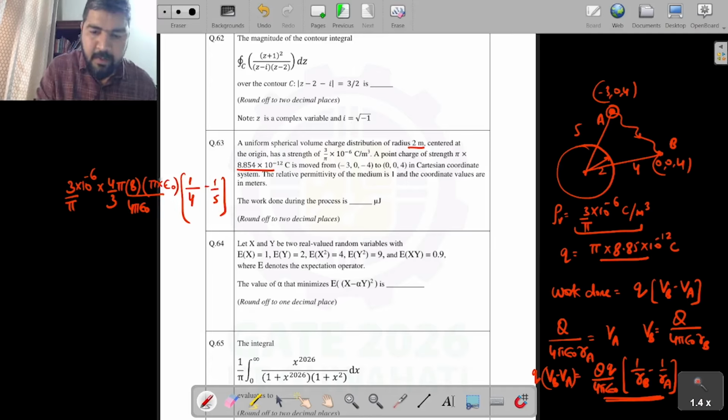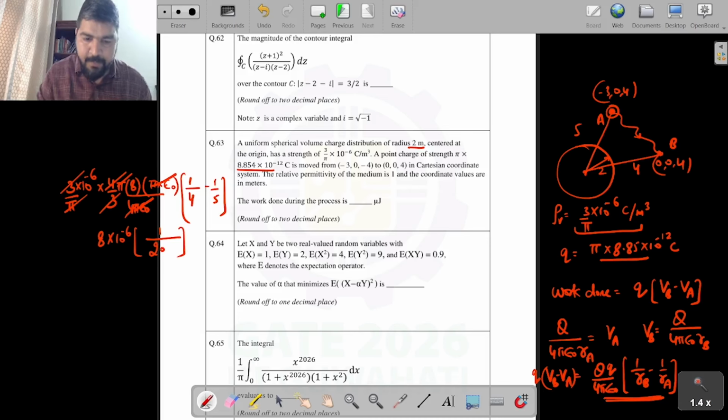Let's calculate it. Pi epsilon naught will cancel, this pi will cancel, this 4 will cancel, and this 3 will cancel. So in the numerator you have 8 into 10 to the power minus 6, and this will become 1 by 20. If you simplify it, this will go into microjoule, so 8 by 20 microjoule. Now what is this value?